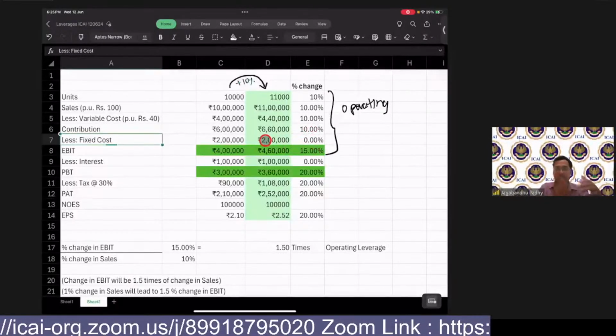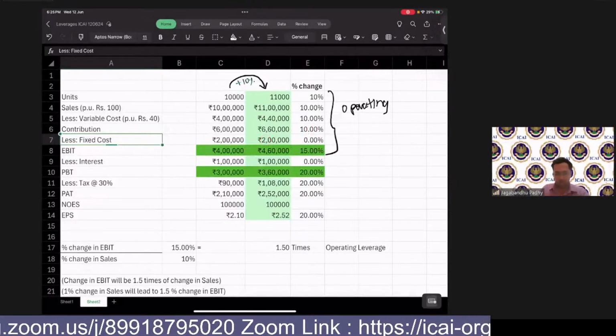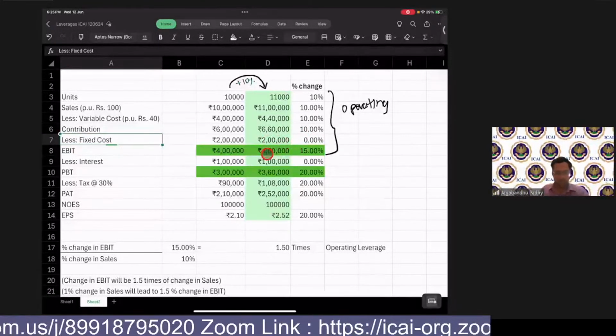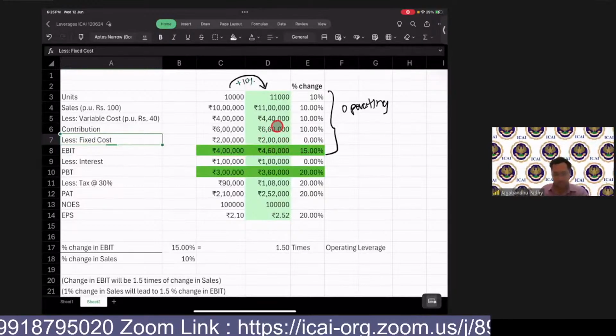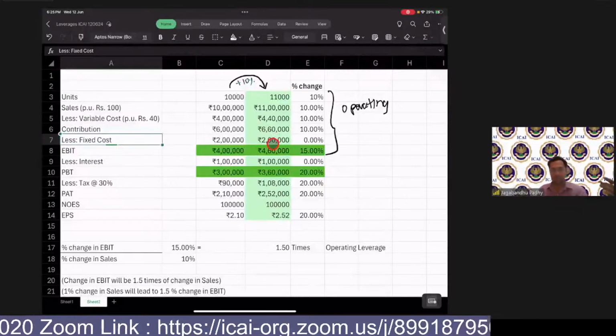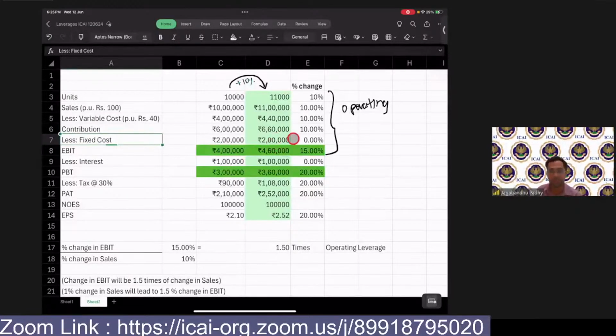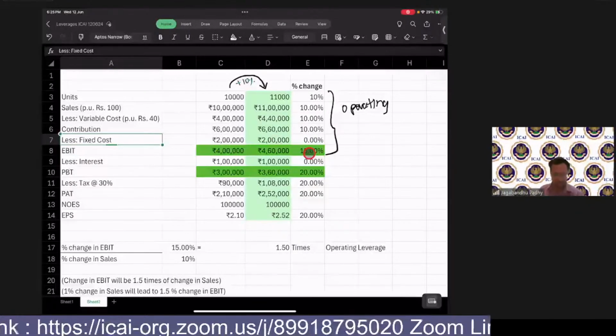That's because the fixed cost has remained constant. Whatever change there is in EBIT is the result of change in contribution, but fixed cost has remained the same. So percentage-wise, EBIT is a much larger change. That's your operating leverage.